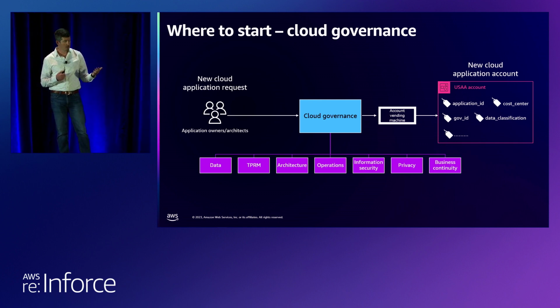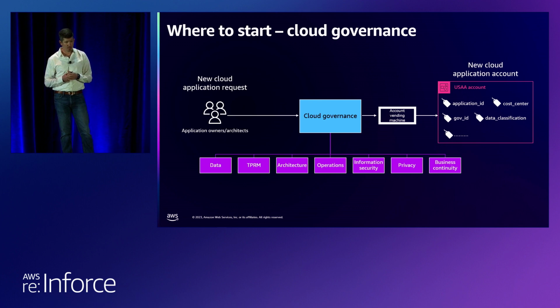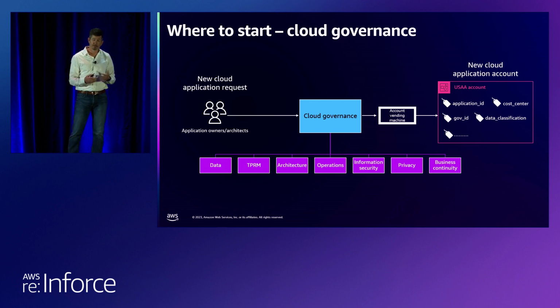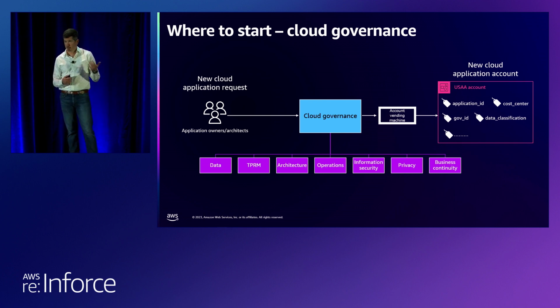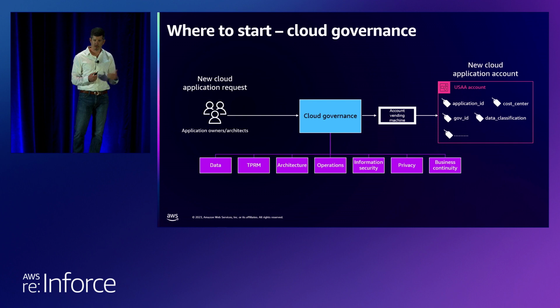We have multiple control owners involved in the governance process, including data, architecture, operations, information security, and privacy. Once the application is approved, it goes through the account vending machine deployment that we saw earlier.